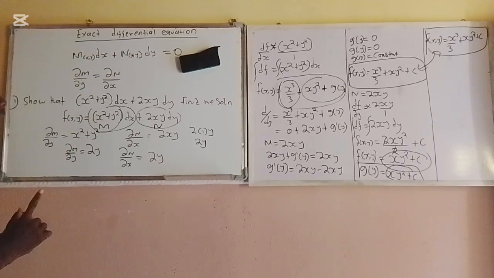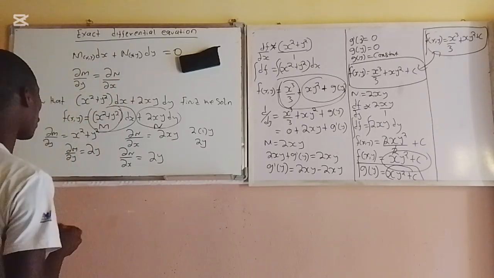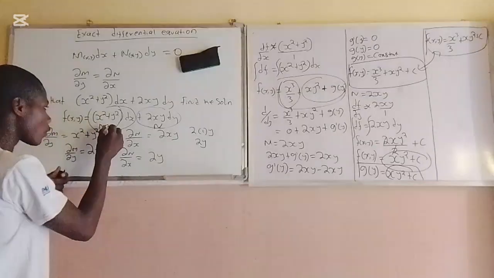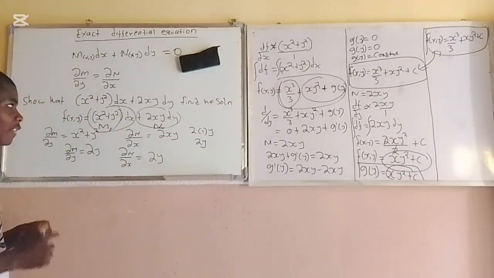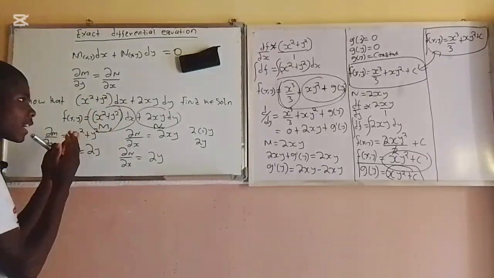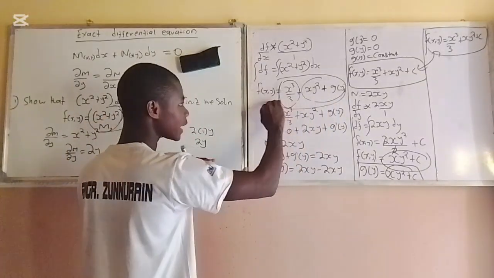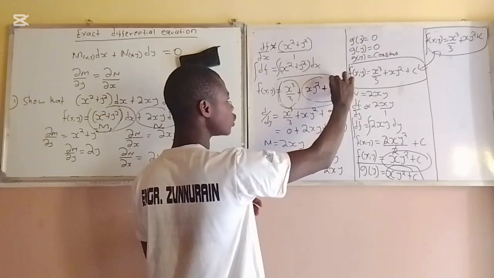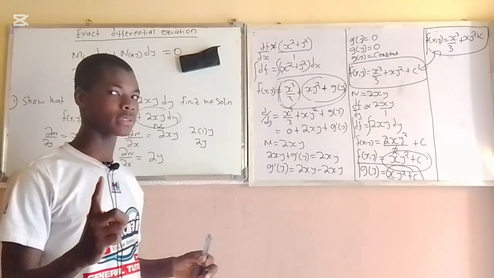You're going to differentiate m with respect to y, and therefore n with respect to x. After then, you have to first pick the value of m, integrate it. After integrating the value of m, you will get this, and at the end, plus constant, you have to say g of y, because you are treating y as constant.